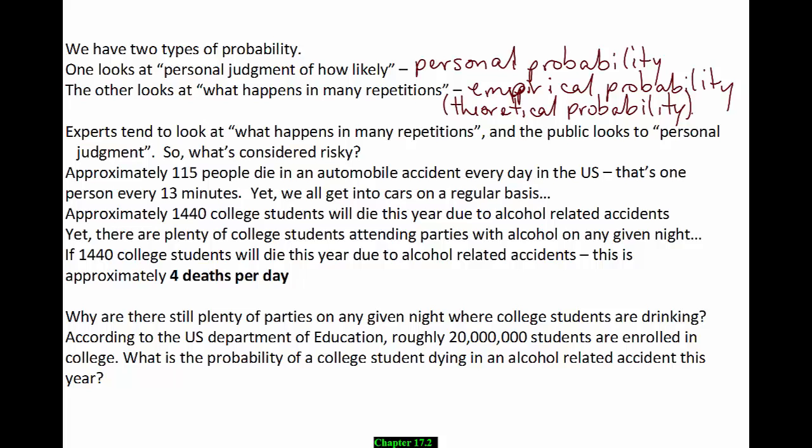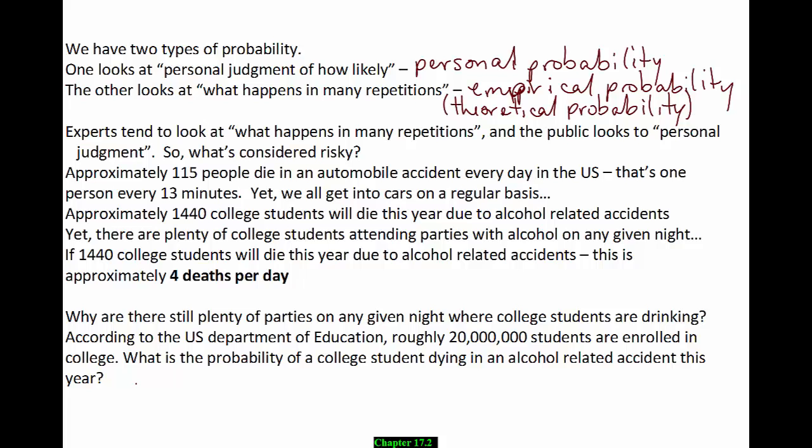According to the U.S. Department of Education, roughly 20 million students are enrolled in college. Now, I rounded that a lot, but we're just going to use a nice round number. What is the probability of a college student dying in an alcohol-related accident this year?